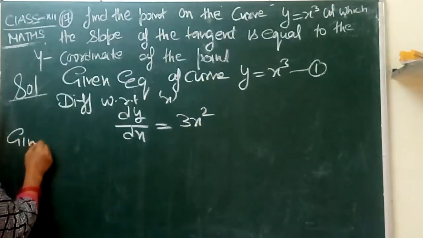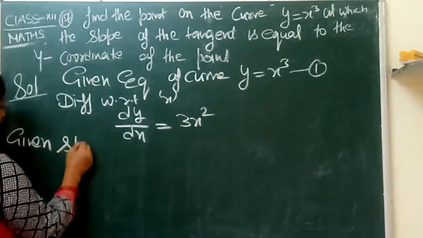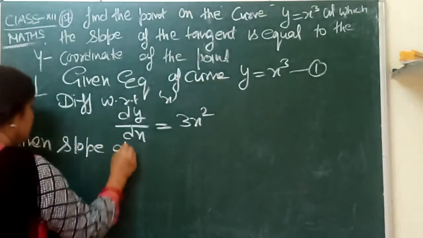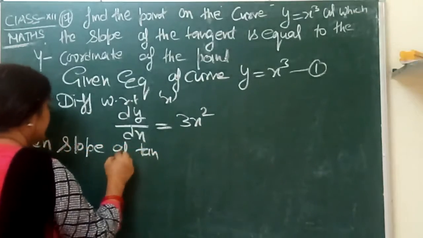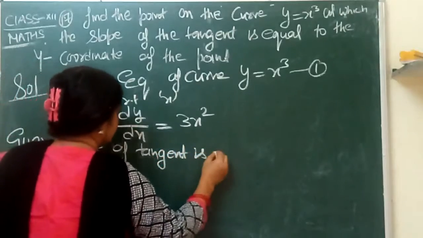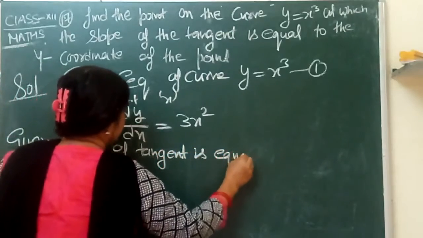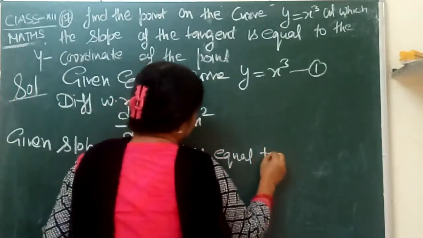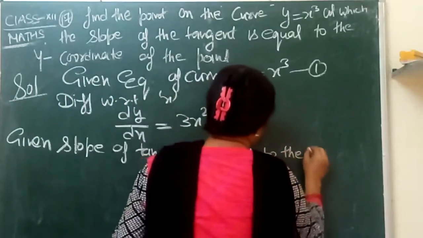Given slope of tangent is equal to the y coordinate.